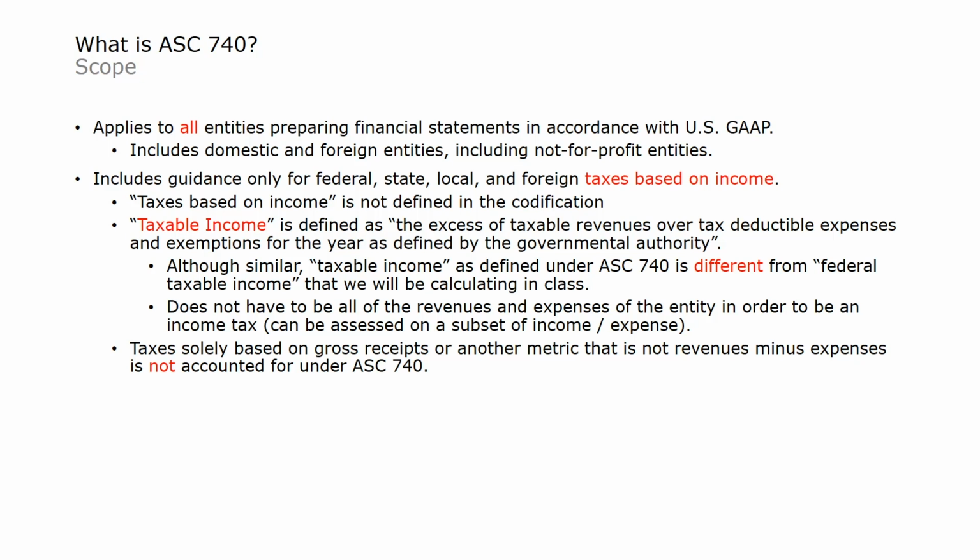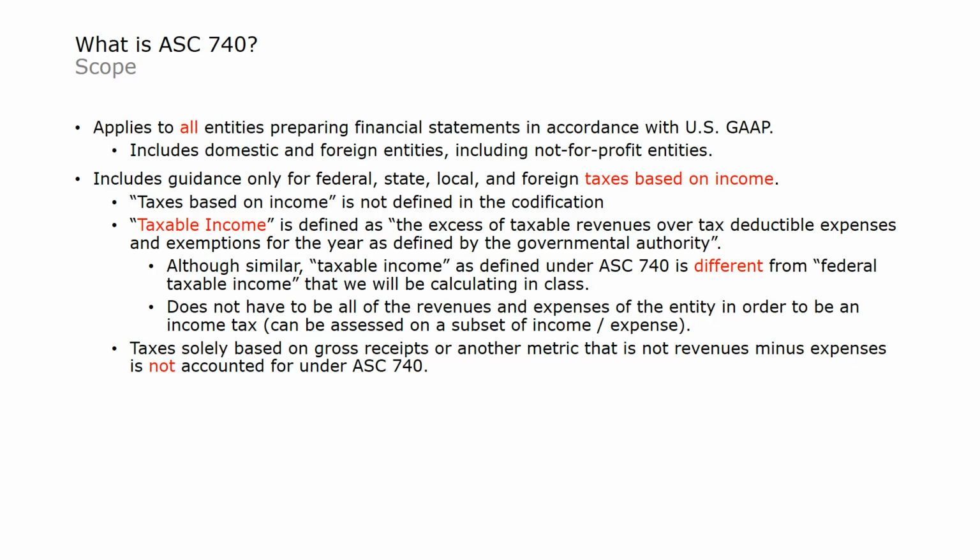Quite simply, it's just not true. There are some taxes filed on tax returns that technically should not be under the scope of ASC 740 and should be accounted for under a different topic in the codification.